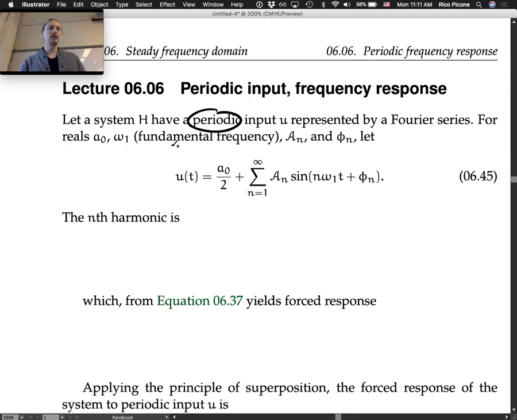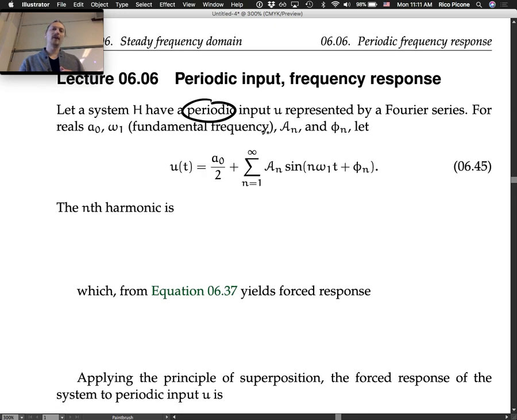So for real numbers, A0, omega 1, which is going to be our fundamental frequency, An and phi n, let equation 6.45 be the Fourier series representation of our input signal. This is slightly different than the Fourier series representations we saw before with the trigonometric form, because we only have one sine in there instead of a sine and a cosine, right?